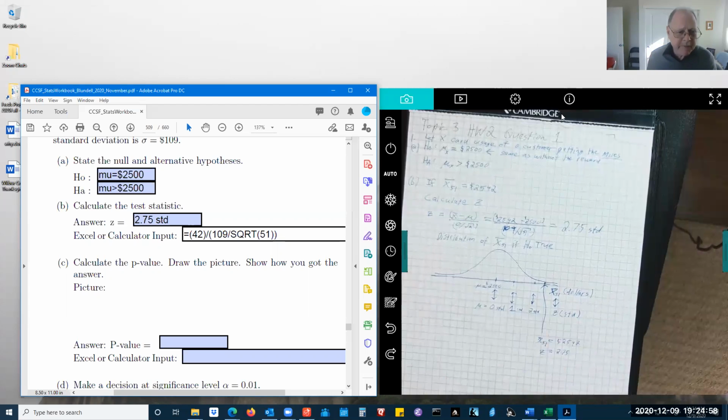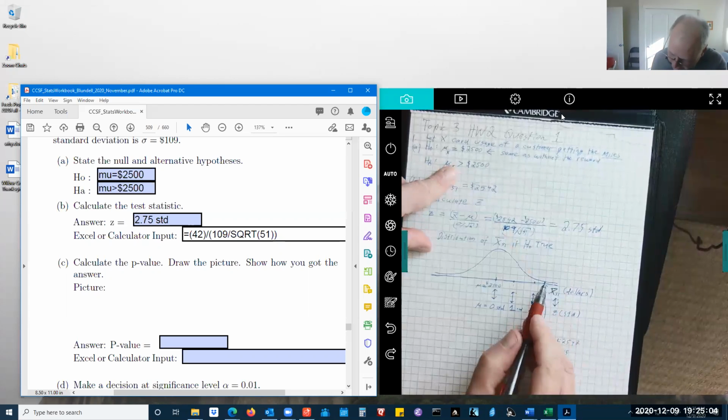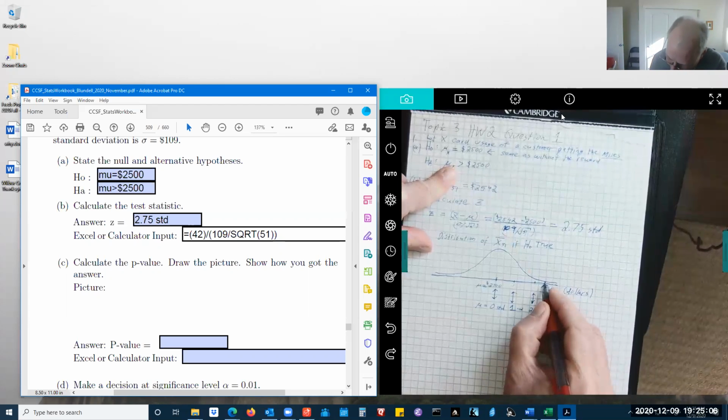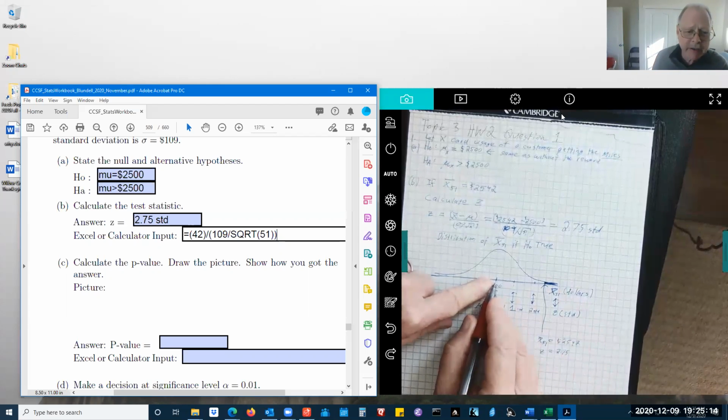And then what's the p-value? So it's the probability that we would get such a big sample mean just by chance if the population mean was way over here at 2,500.